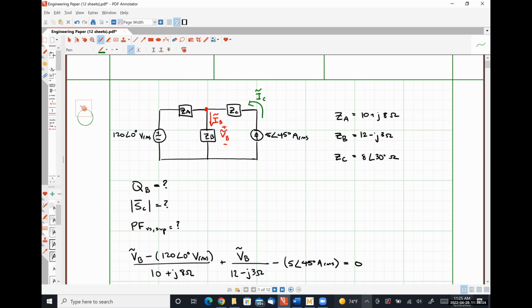Okay. So to me, that means we need one single piece of information. What we need is the phase angle of the current that's flowing into the negative polarity terminal of the voltage source.